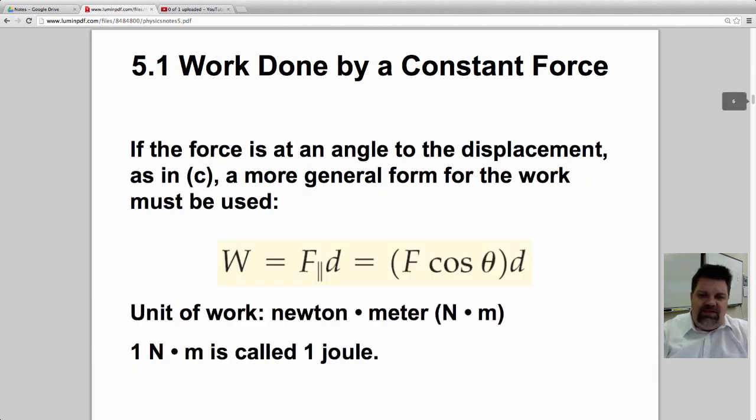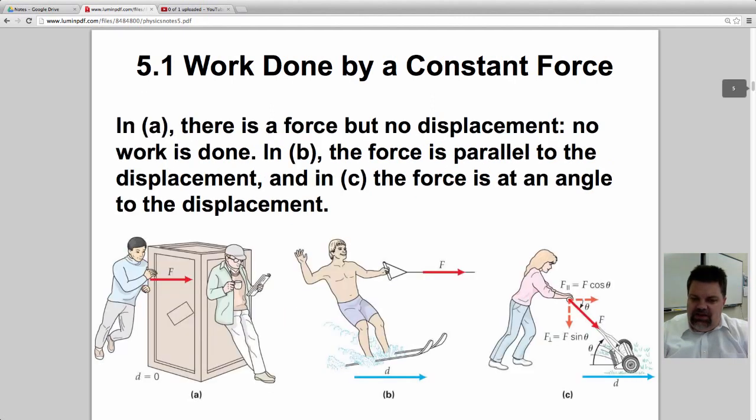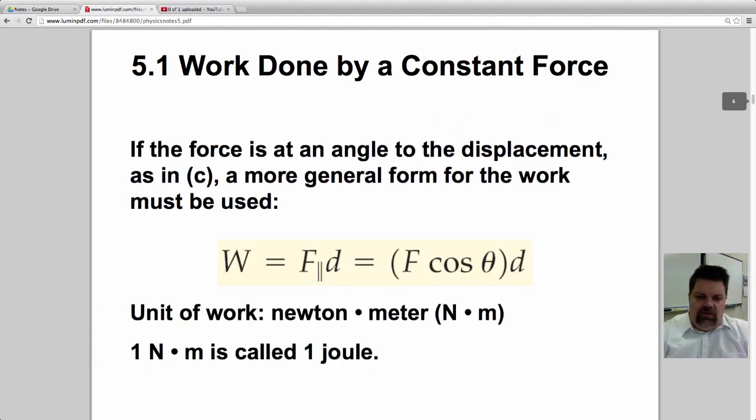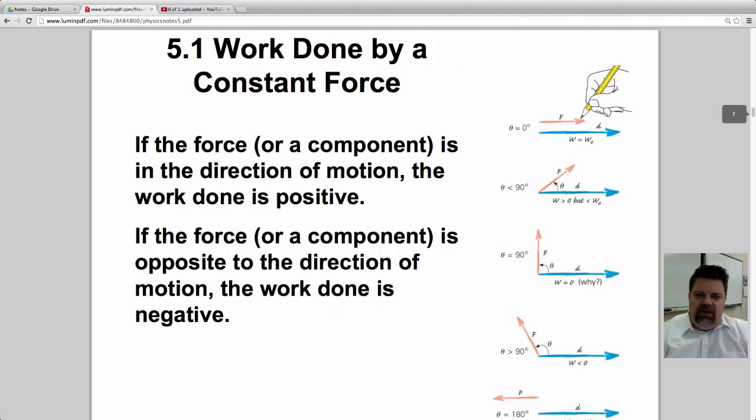If the force is at an angle to the displacement, the more general form of the work is calculated by the force parallel to the displacement, or in the case of this lawnmower, W equals force times the cosine of theta, times d. The unit of work is newton meters, and we call that a joule.